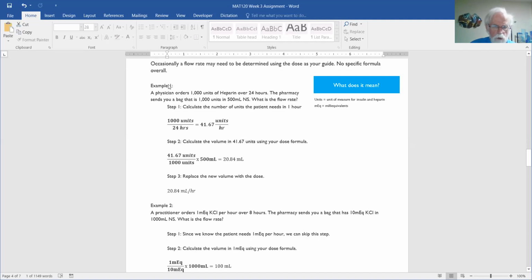So the actual questions here, whether we're working in units or grams or even down here in milliequivalents, which are used for things like electrolytes, and it has to do with chemical combining power. How that's calculated isn't particularly relevant to this class. But again, a milliequivalent can be converted directly into grams of material if you know the chemistry. But units cannot.